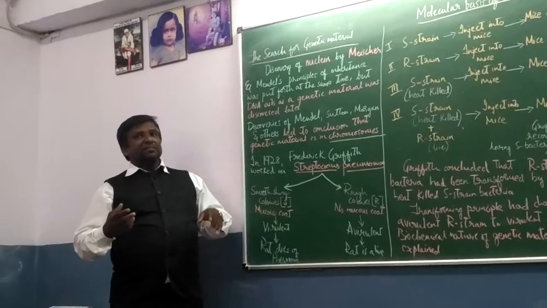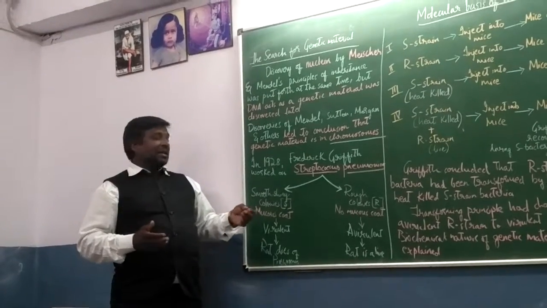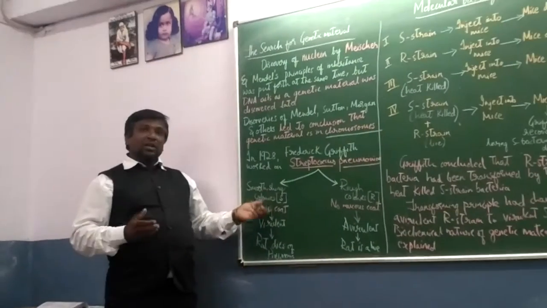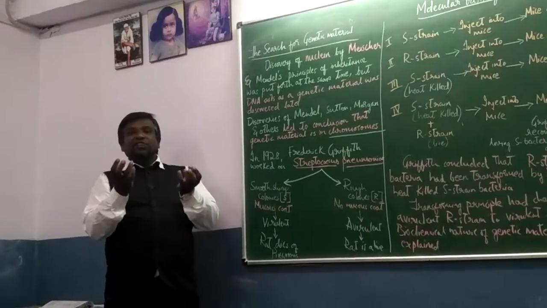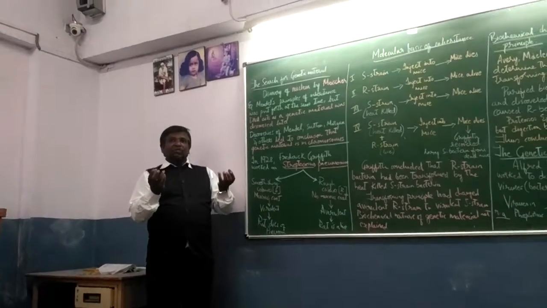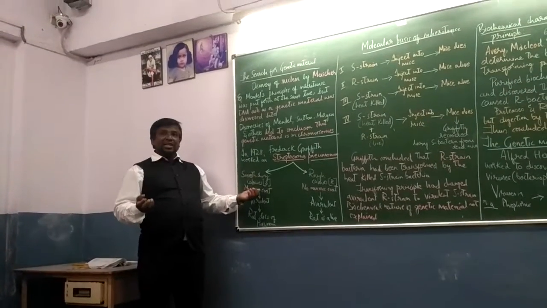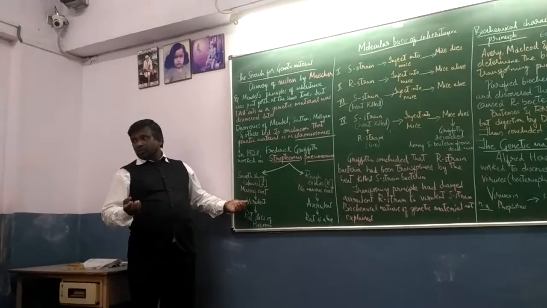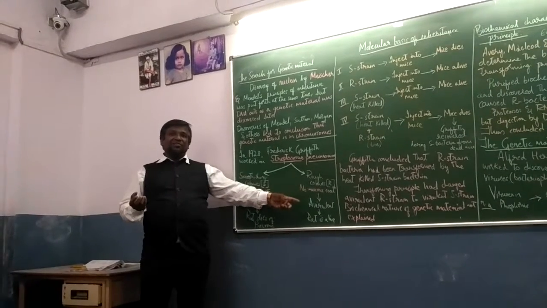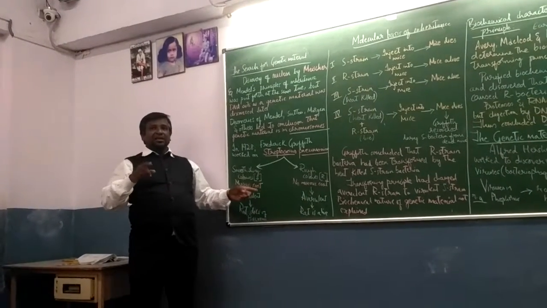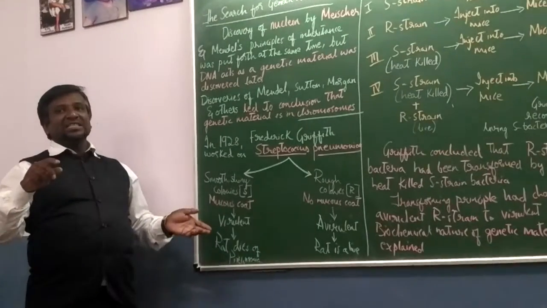Griffith found that there were two strains. When the bacteria were cultured, you could differentiate between two colonies. One colony was smooth and shiny because of a mucus coat, and the other was a rough colony. So he named these colonies S and R.